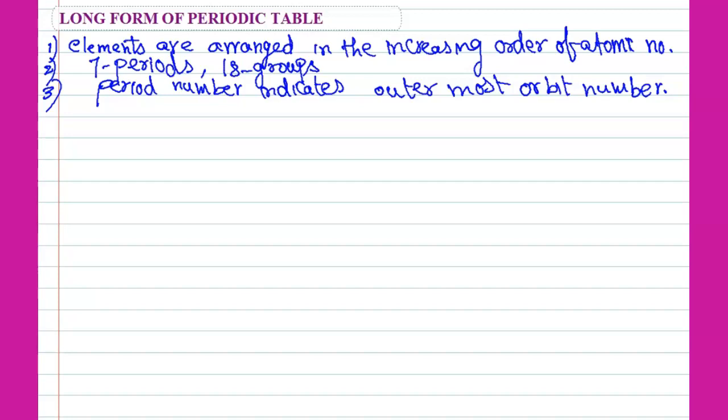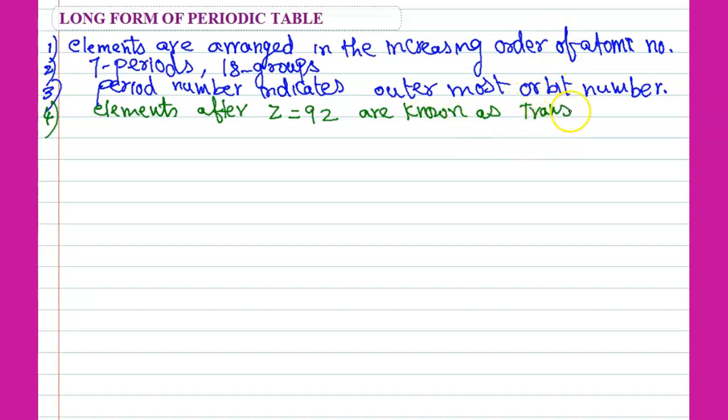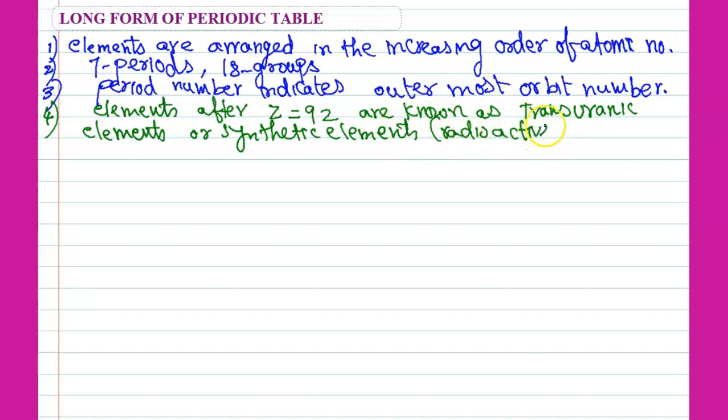Next, the fourth point. Elements after atomic number Z equal to 92 are known as transuranic elements, or synthetic elements, and these are all radioactive elements.